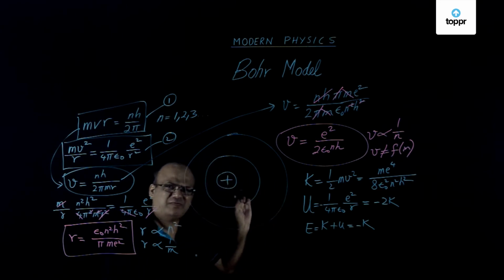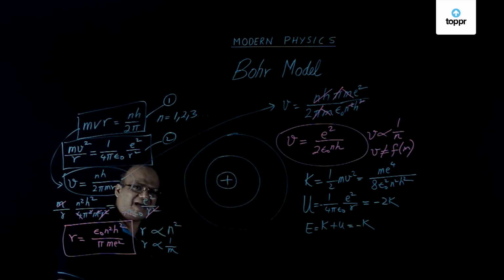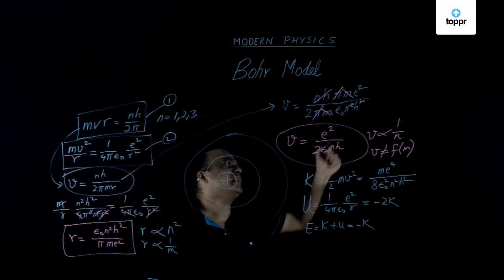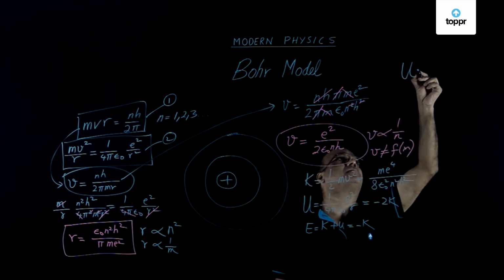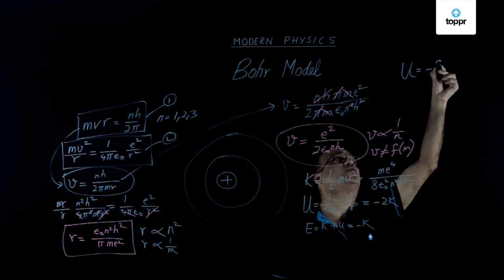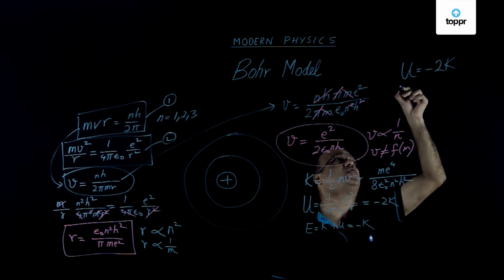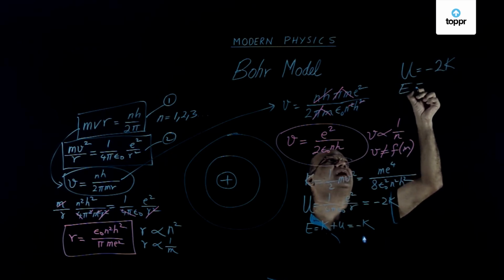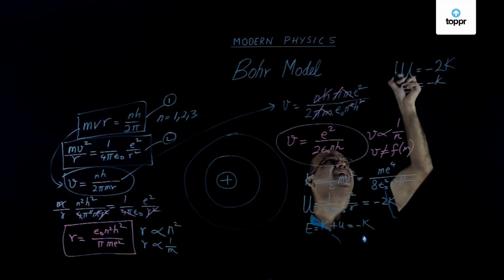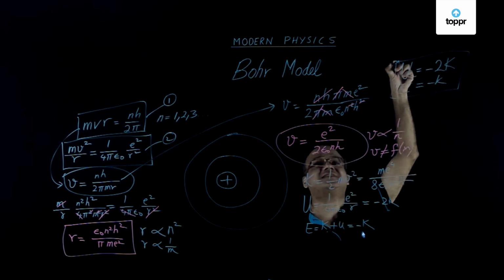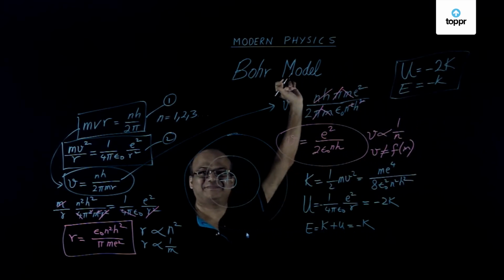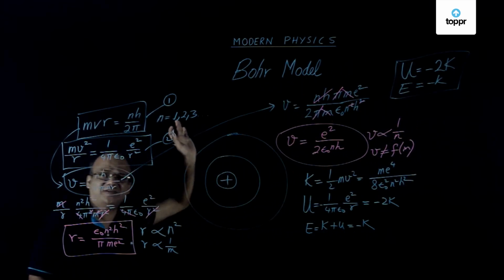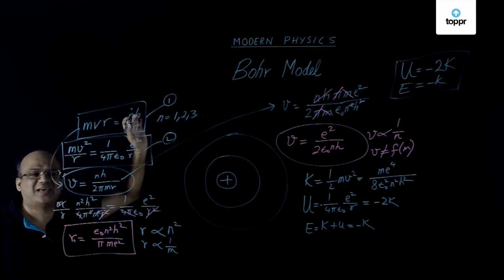So we learned something very, very important, that the potential energy is minus 2k and the total energy is minus k. Have you seen these kind of equations elsewhere? If you learn gravitation, you know these equations.